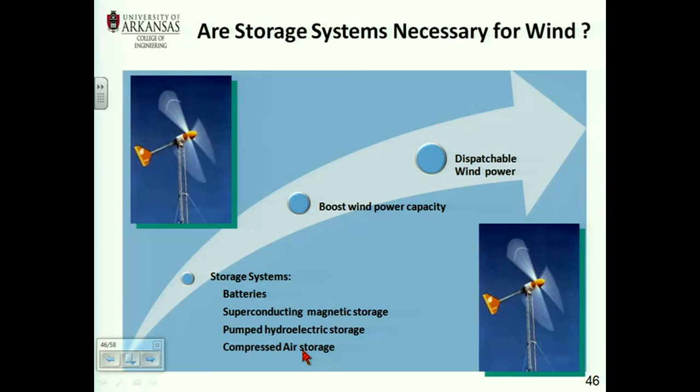And then, when you need the power at 5 p.m., remember the wind is blowing at 3 a.m., so I can use that power to put compressed air into the cave, and then at 5 p.m. or 4 p.m., when I need that power, the compressor runs as a generator.